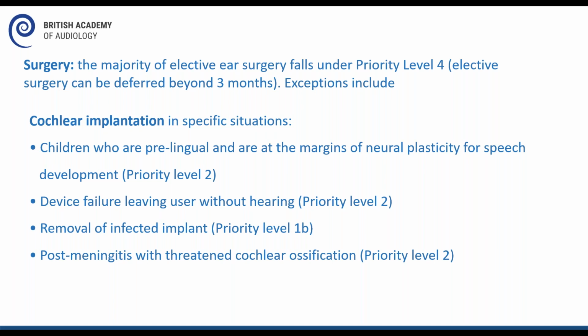So children who are prelingually deaf and on the margins of neuroplasticity for their speech and language development should be a priority level 2. A device failure, leaving somebody that's previously had a cochlear implant without hearing, again, a level 2. A removal of an infected implant is moved higher up into a level 1B, and that post-meningitic where we were worried about cochlear ossification is coming into a priority level 2.